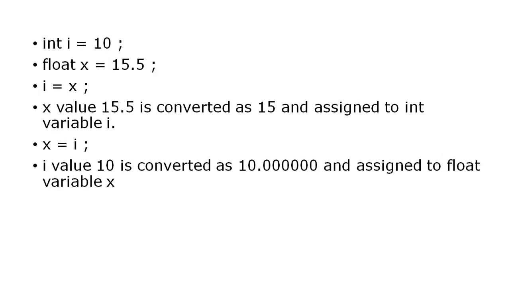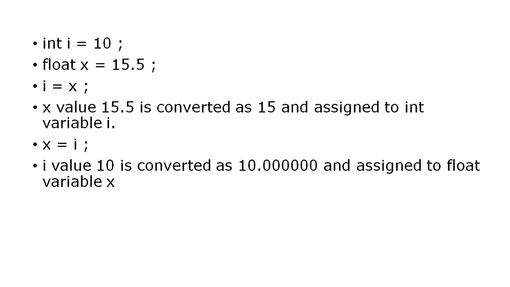See this example here. int i equals 10, float x equals 15.5. Here i is the integer variable, assigned with the value 10, and x is a float variable with 15.5.